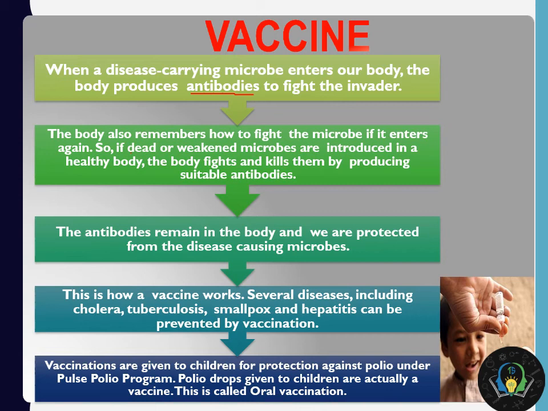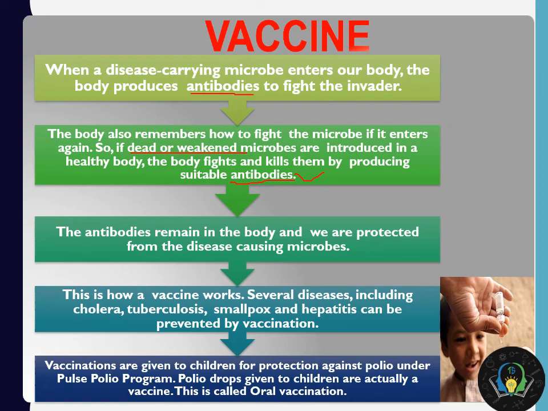So if dead or weakened microorganisms are introduced in a healthy body, what will happen? The body will start learning how to fight, and hence it will be storing the strategy to fight in the form of antibodies. These antibodies remain in the body and we are protected from the disease causing microbes. And this is how a vaccine works.